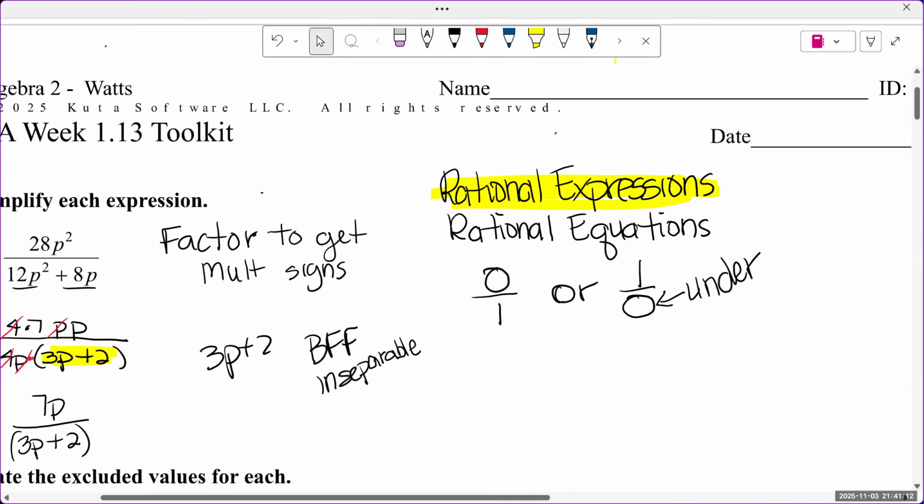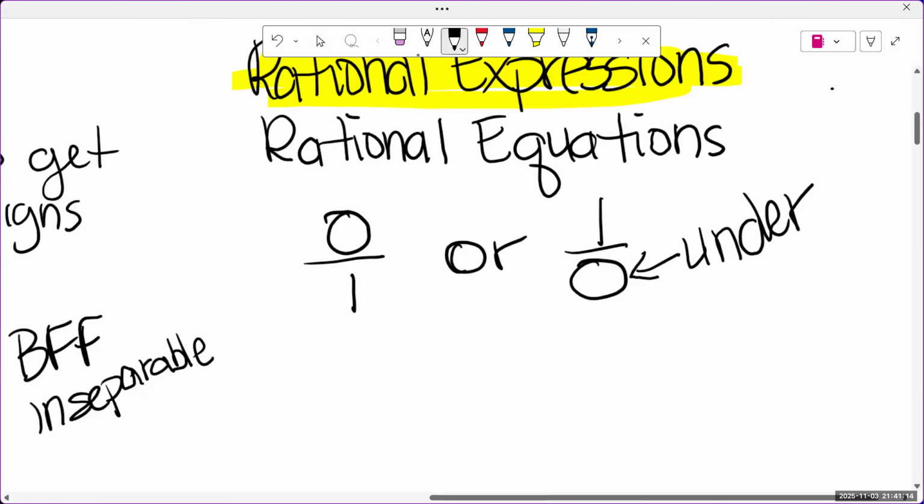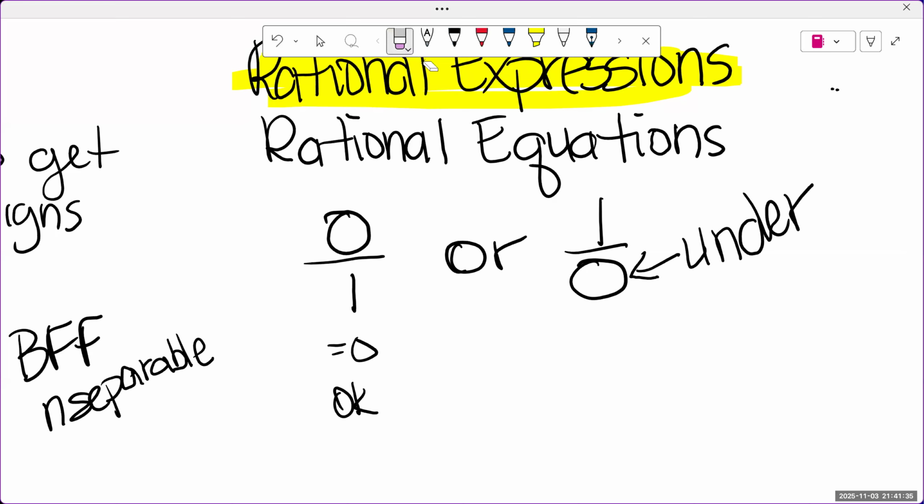One thing about rational expressions. Sometimes we have a fraction with a 0 on top. With your calculator, what's 0 divided by 1? It equals 0. Everything's okay there. What if we have a fraction with the 0 in the denominator?